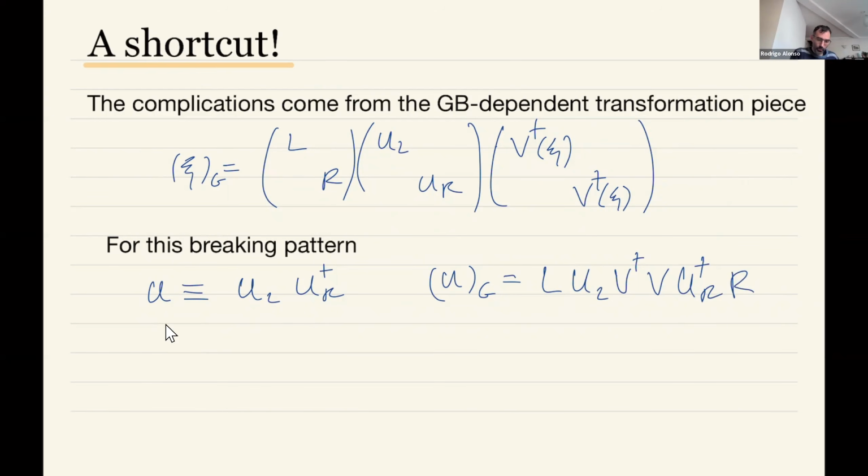So these two cancel out to give us a transformation that depends on L and R, those unitary rotations, but those were not field dependent, unlike Xc, like U dagger here, that depends on Xc.